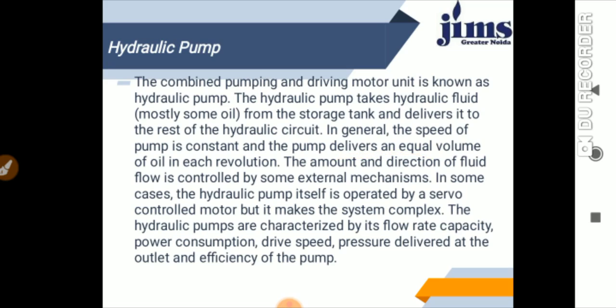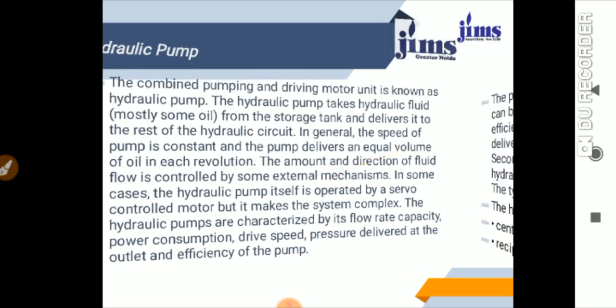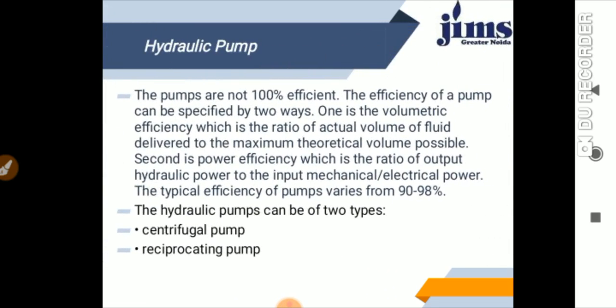Continuing with the hydraulic pump. Pumps are not 100% efficient. You are all familiar with this. The efficiency of the pump can be specified in two ways. One is the volumetric efficiency, which is the ratio of the actual volume of fluid delivered to the maximum theoretical value possible.